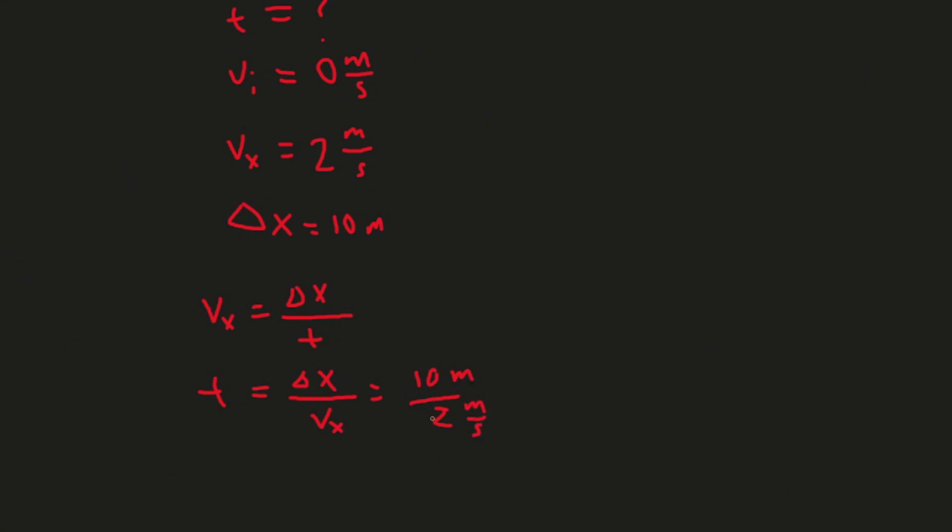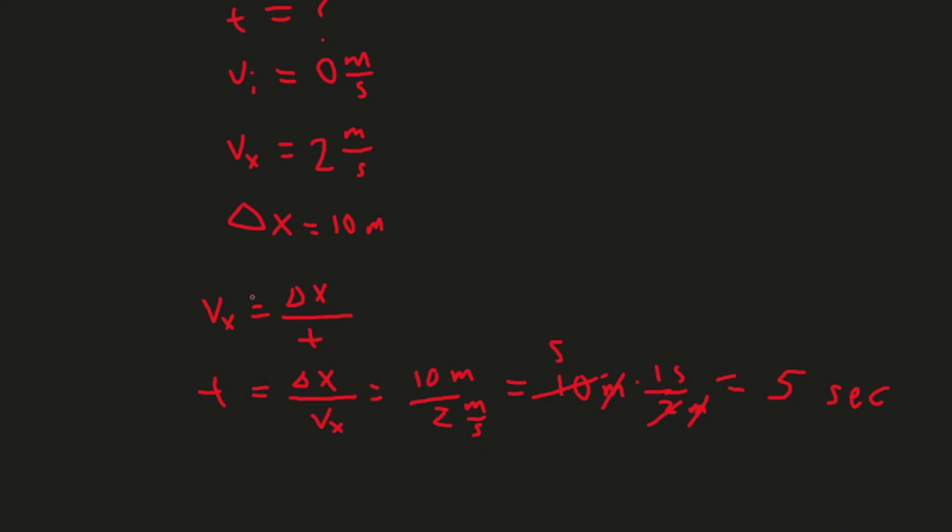When you divide, you multiply by the inverse, so 10 meters times 1 second over 2 meters. Now we can cancel the meters, and 10 over 2 gives us 5 seconds. So it takes 5 seconds for the ball to get to its destination, 10 meters away.